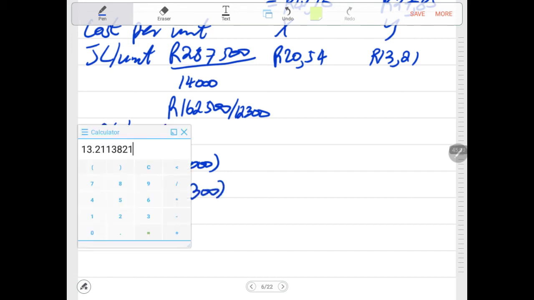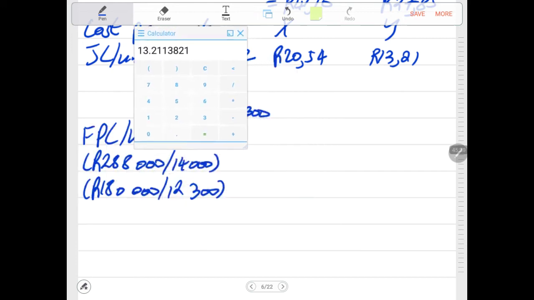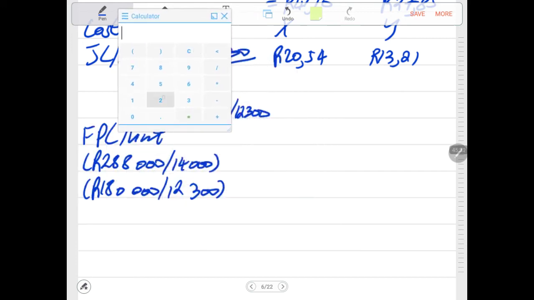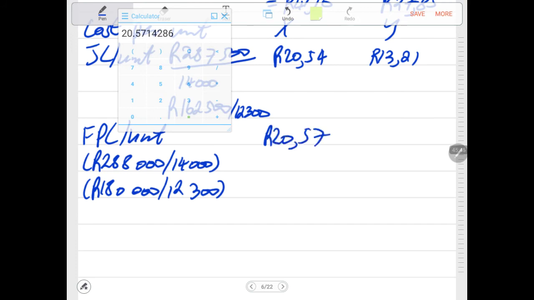We get 20 rand 57 cents for product X's further processing cost. And for product Y, 180,000 divided by 12,300, we get 14 rand 63 cents.